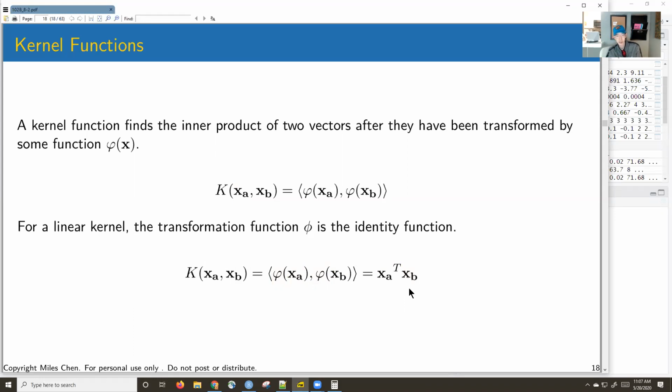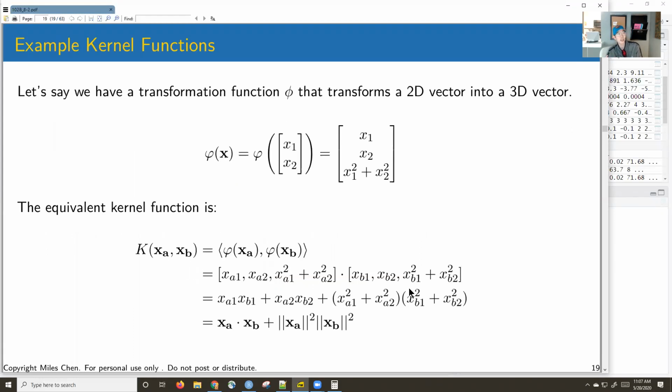This is the transform and kernel that we saw when we talked about SVM, when we went from 2D to 3D space. Our data points are in x1 and x2, and when we apply the transformation function phi, it goes from 2D to 3D space, and the third coordinate is x1 squared plus x2 squared.